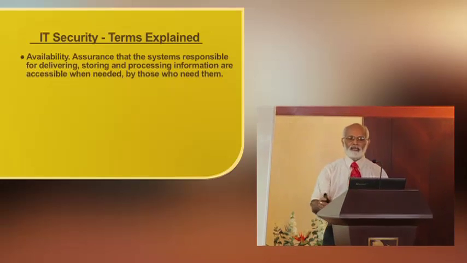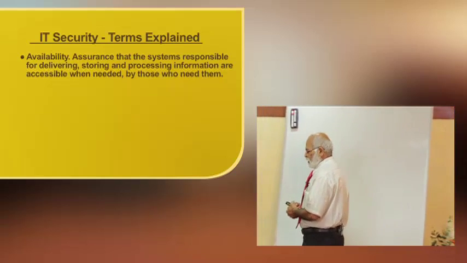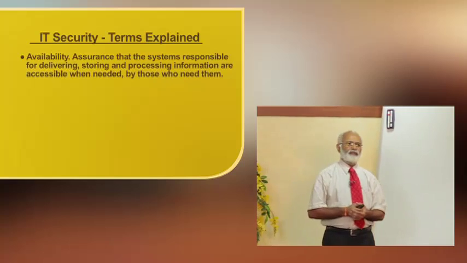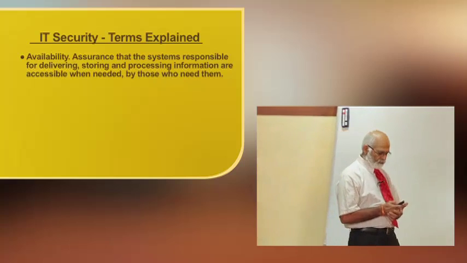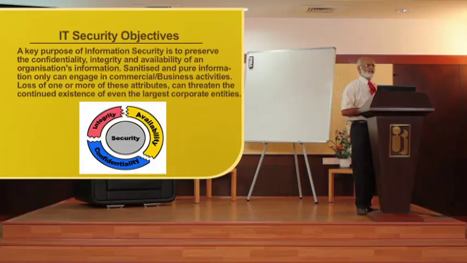That is what availability talks about. When we say information security considerations, the three pillars have to be taken into account. This is the brief diagram showing how security is governed by these three pillars.